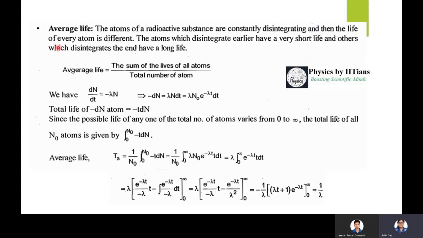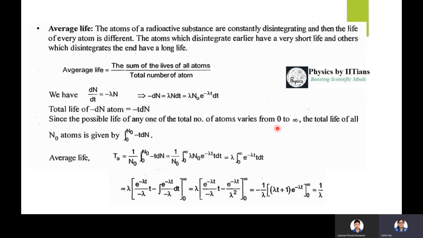So what is the average life? The average life is defined as the sum of the lives of all the atoms divided by the total number of atoms. How do you find it? You find it by integrating this term; we know dn by dt equals minus lambda n. So if the life of the atoms disintegrating in dn is t into dn, then for n0 atoms we can account for the possible life of any one of the atoms.